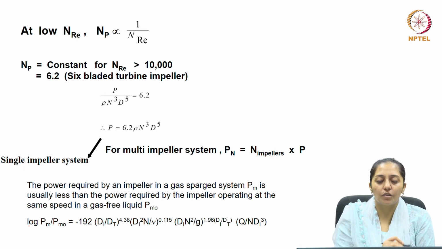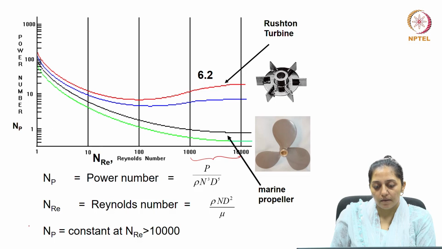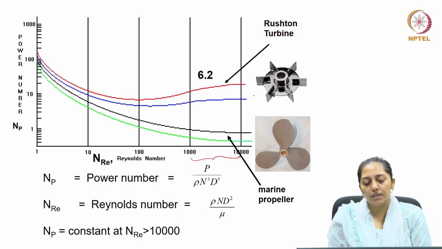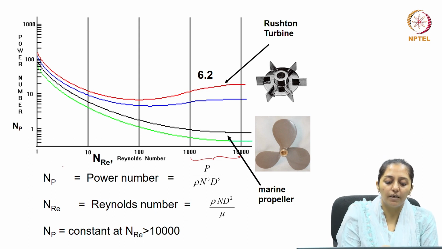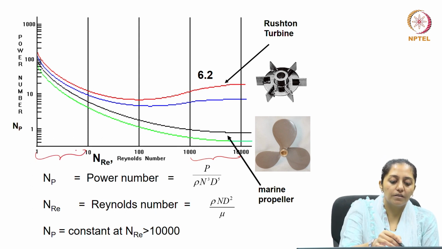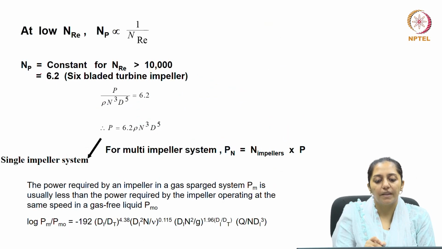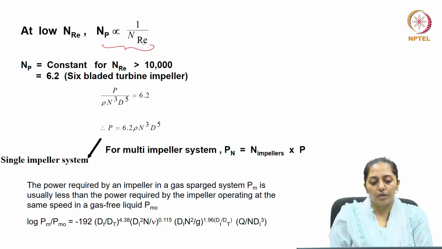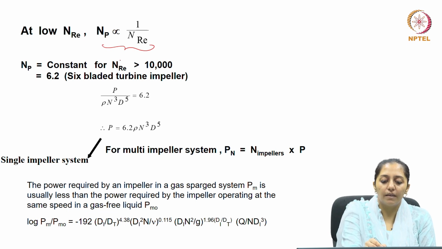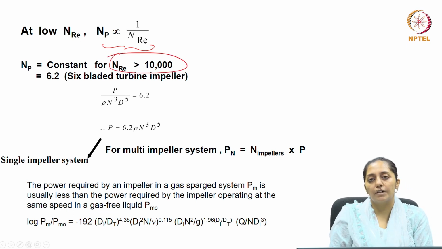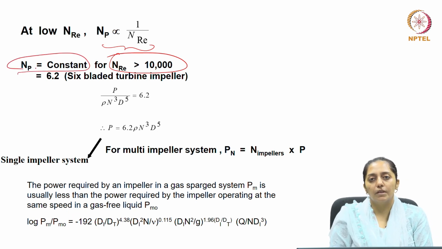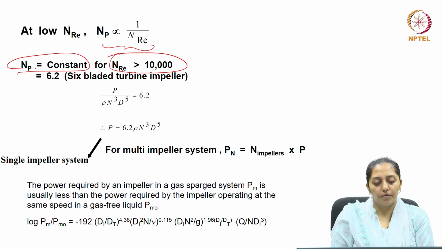If you see, beyond 10,000 it becomes constant, while at very low Reynolds numbers it can be considered as a linear drop, and therefore the power number is inversely proportional to the Reynolds number. And at Reynolds numbers in the turbulent region greater than 10 to the power of 4, the power number becomes constant for a given type of impeller.